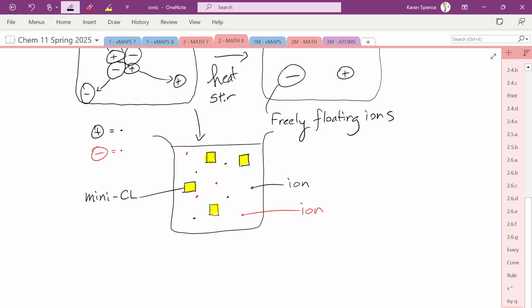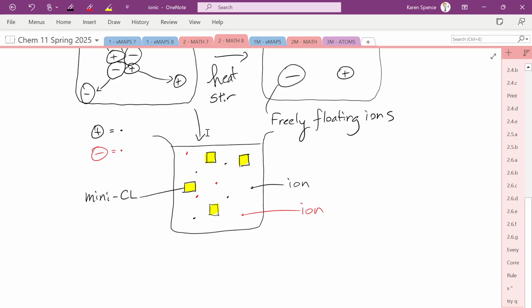Maybe this ion was here, and now it is dissolved into the water, and this one is dissolved into the water. So I still have a little mini crystal lattice, which I'm not going to hold because I don't have enough hands, and I've got these free-floating ions. And I'm going to take the whole solution and pour it through some filter paper.